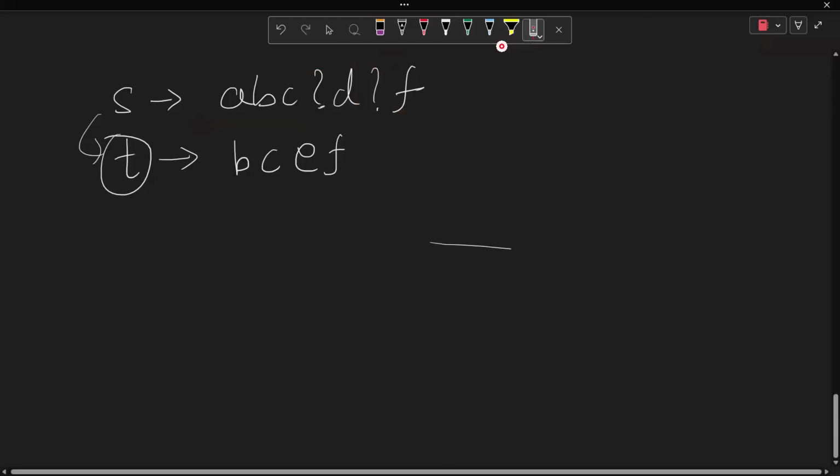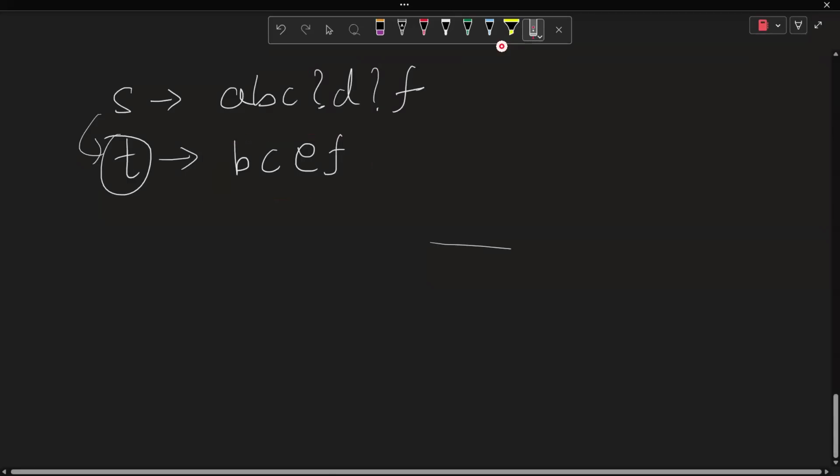A question mark just represents some missing characters in the string, which we can replace with any character we wish to. And T is a complete string, so a question mark would not be present here. T would have only alphabets from A to Z.